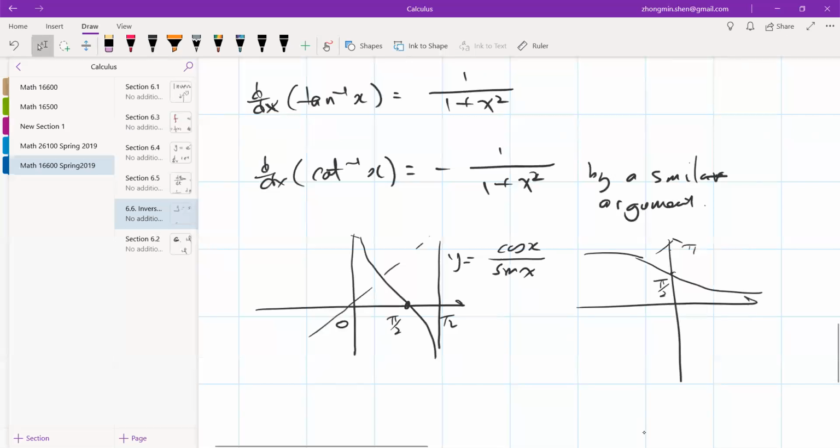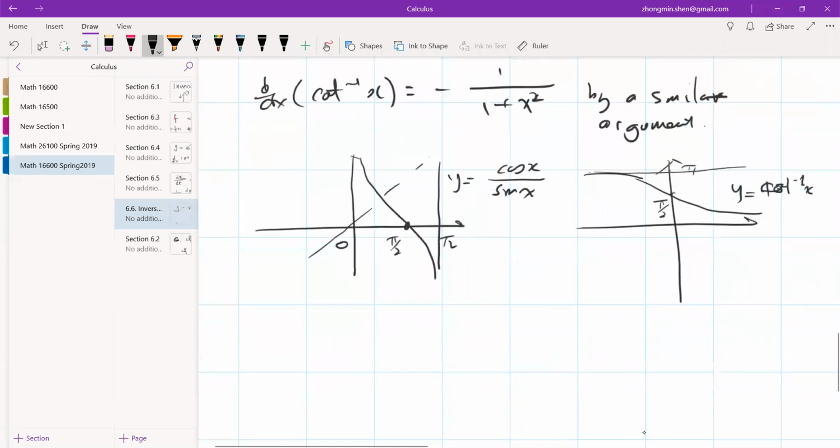Yeah, you just reflect this graph about the line y equals x, and this is the graph of y equals arc cotangent. Okay. Yes. All right. So this is pi, and here's a horizontal asymptote.